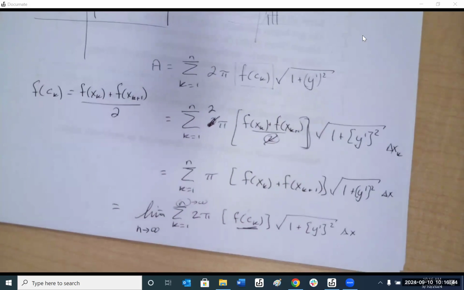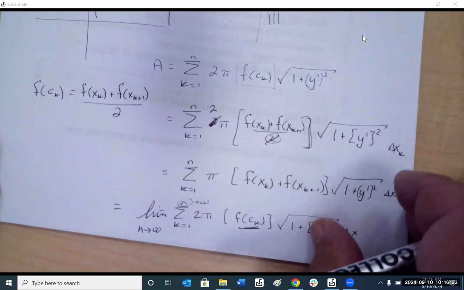What does this become by the Riemann sum? The limit of the summation of this function. What does it become? The integral.